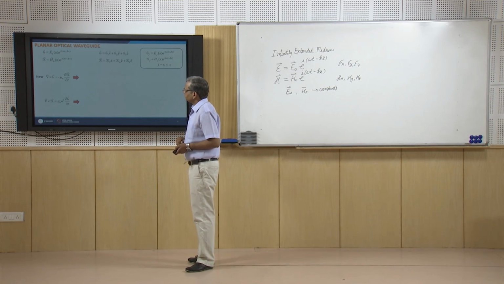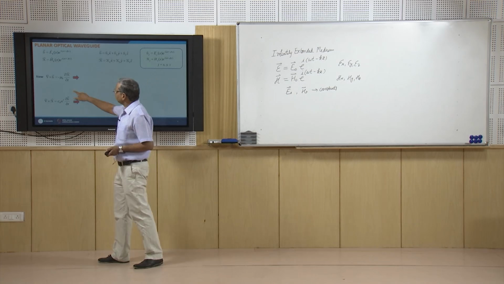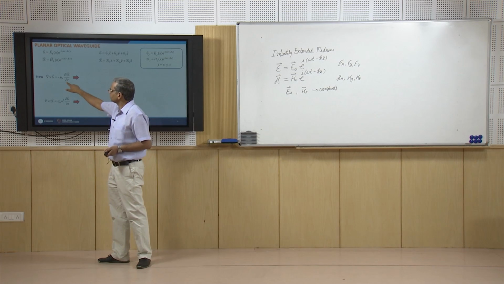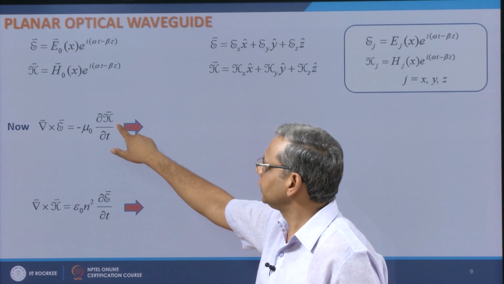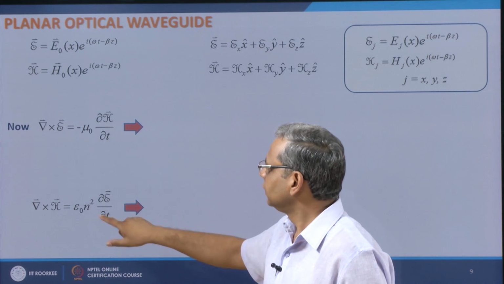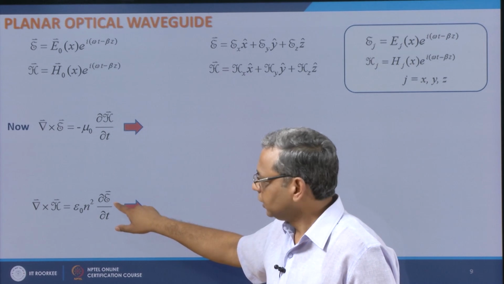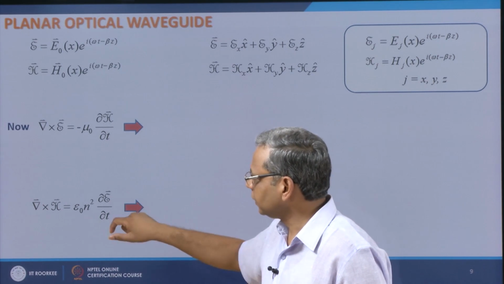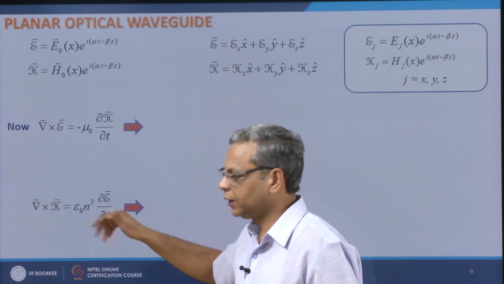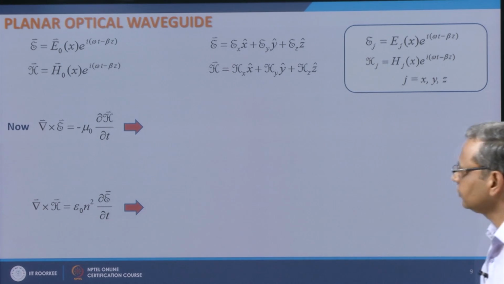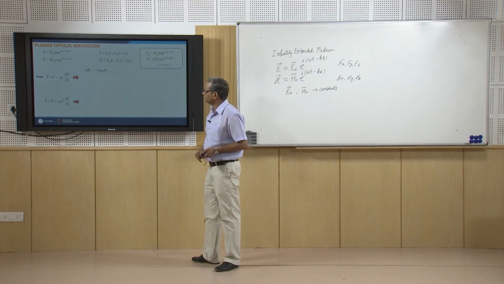When I do this, this will give me 3 equations, one corresponding to Hx, then Hy and Hz, and this will also give me 3 equations, Ex, Ey and Ez, x, y and z components here. Let me do it.